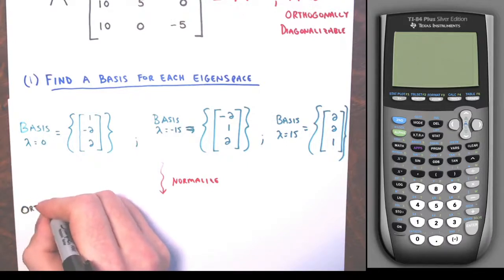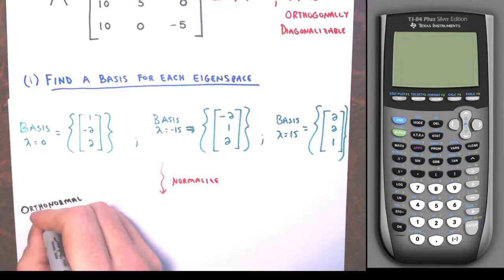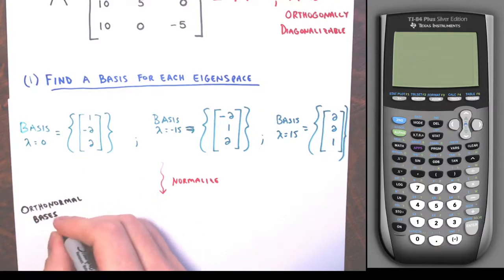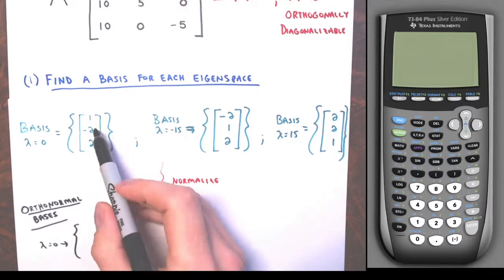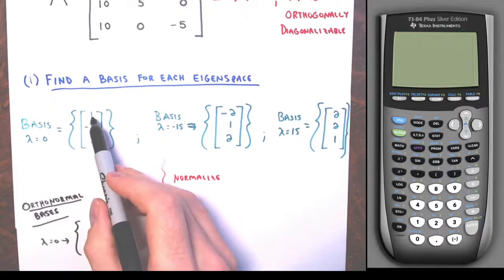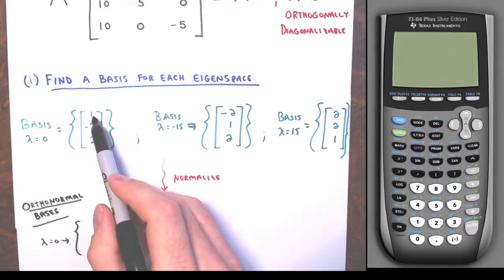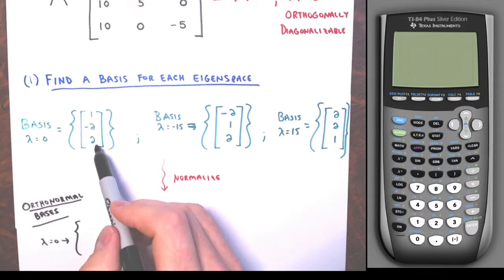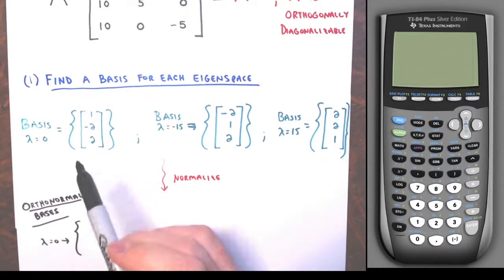So here are the orthonormal bases for the eigenspaces. When lambda was equal to 0, we have the set with... Now the norm of this vector: remember the norm of a vector is the square root of the dot product, or the inner product, with itself. The dot product of this vector with itself would be 1 plus 4 plus 4.